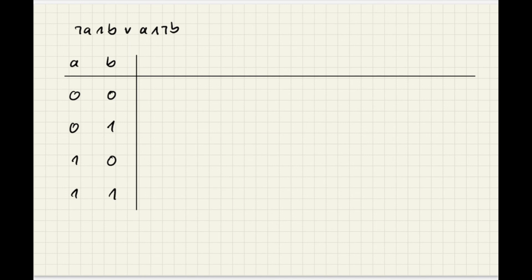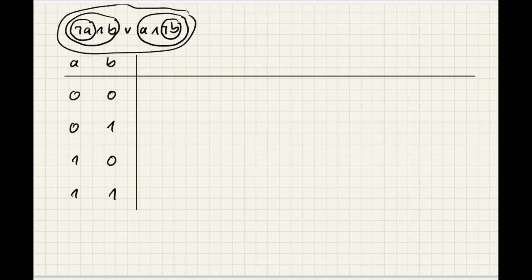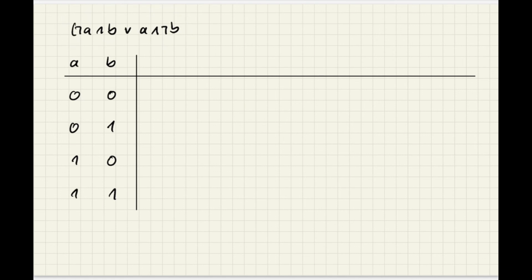And now I think about the precedence of operators. So I know that this here needs to be evaluated before I evaluate this. This here needs to be evaluated before I can evaluate this, and then I can evaluate the whole expression. And of course we don't write it down like that. We use instead parentheses, but basically it has the same meaning.